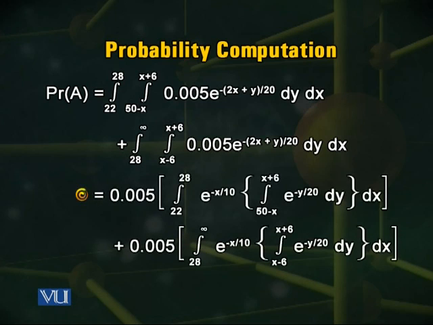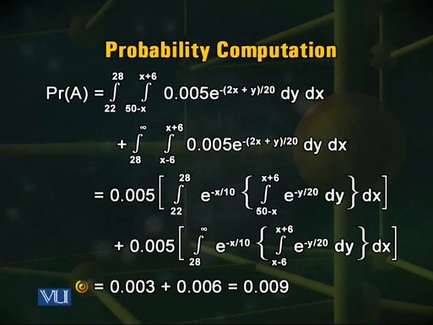If you fill in the values of the joint PDF, take appropriate terms out, and make this double integral into an iterated integral, first with respect to y and then with respect to x, you find that the probability under that little triangle is 0.003, and the volume of the joint PDF under that strip is 0.006. So the total probability is 0.009.